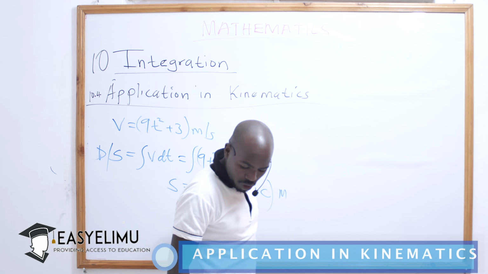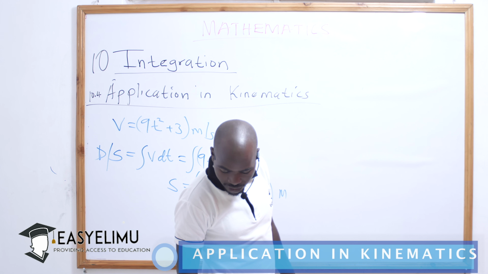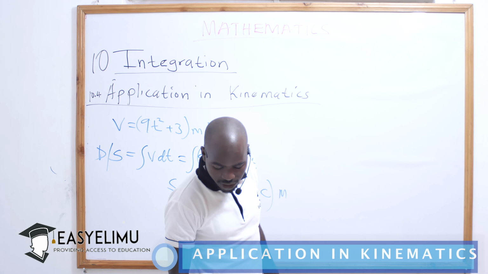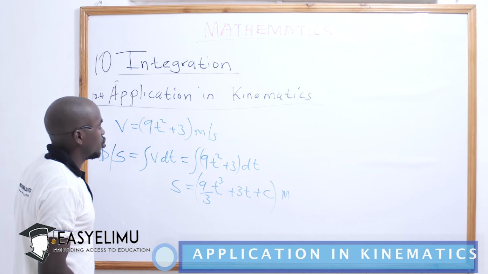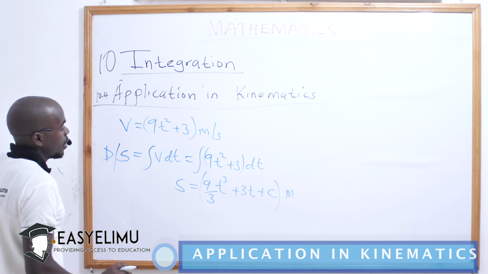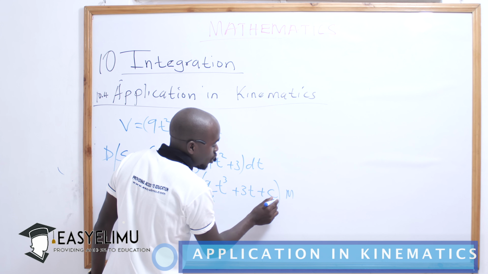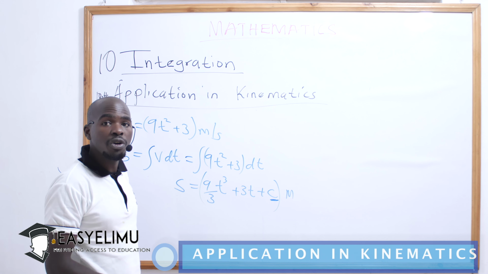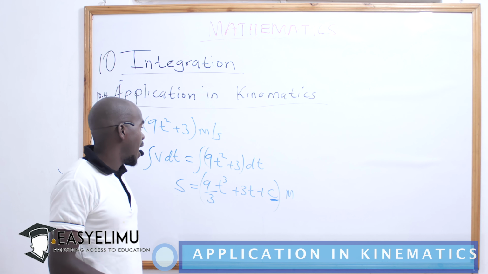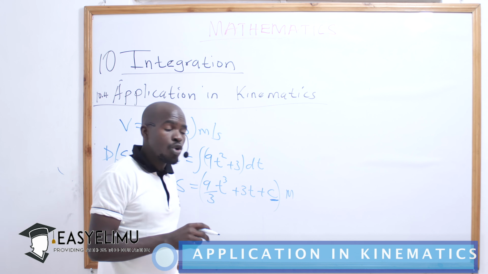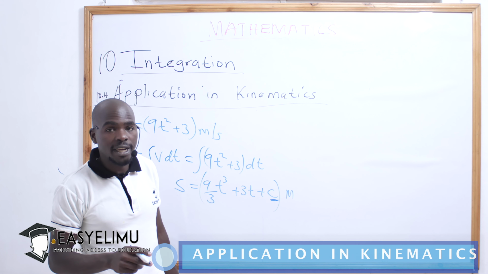So we have been told to find the expression for the distance and hence find the distance covered by the particle during the 4th second. Because we don't know the value of c, we cannot ignore c. And since we were not given the limits of integration, we cannot fix our own integration limit.